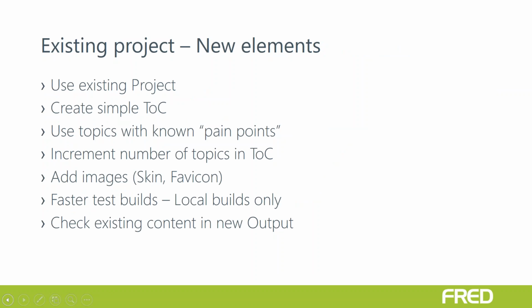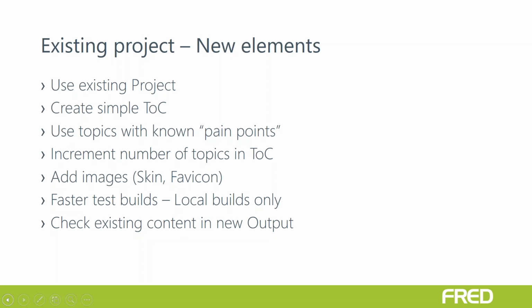One of the things I did, having brought those components from the template into my legacy project, is that I created a very simple table of contents with a couple of topics which I knew had pain points. The pain points being that one of our products, Fred NXT, has screenshots which are mostly landscape.